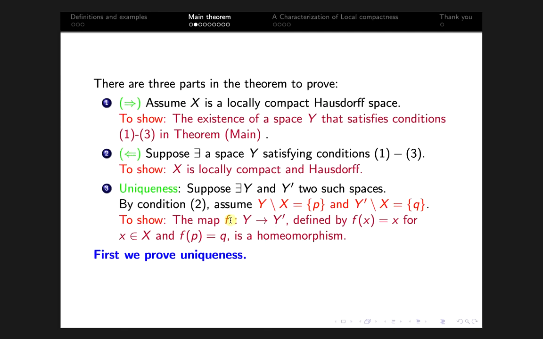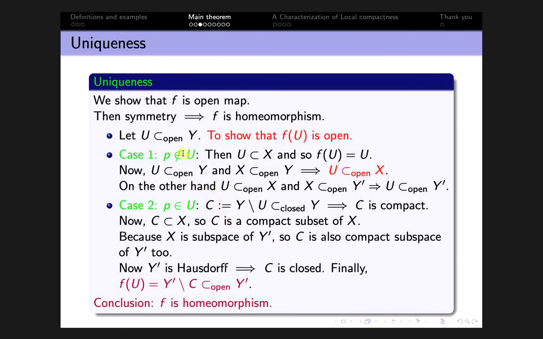So symmetry will imply f is a homeomorphism. Therefore it is enough to show that f is an open map. Now suppose U is an open subset of Y, therefore we have to show that f of U is open in the codomain Y prime.